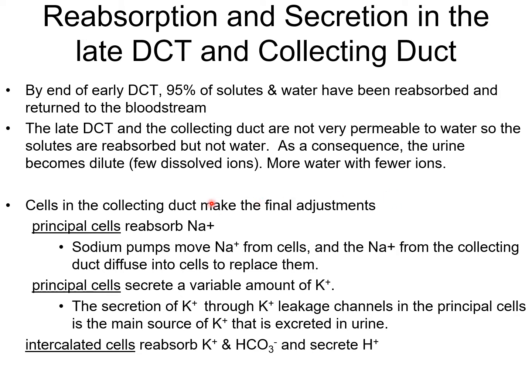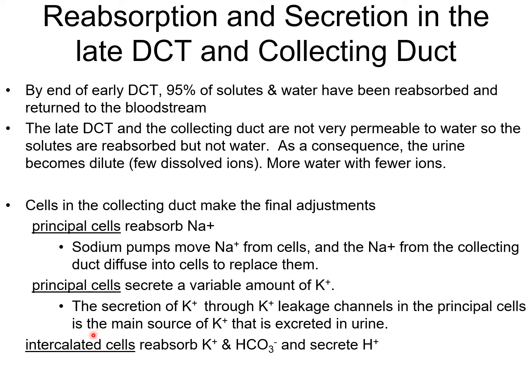What is causing the action in this portion of the nephron? We have principal cells. These cells are world famous because, as you see in a few minutes, hormones act on these cells. Sodium reabsorption and potassium secretion are all regulated by hormones acting on these principal cells.